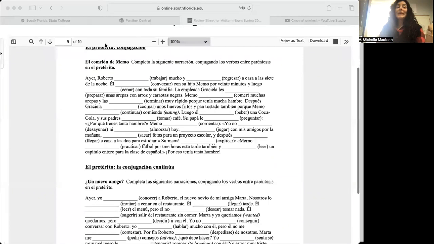Then I would go through, and again, I would just eliminate these things here, right? So I would eliminate this. I want to know what is the root of all of these verbs, right? That's how I'm going to know how to conjugate them. So I want to take off the AR or the ER or the IR or whatever, right? But not so much so that I can't see it, but I just want to be able to know where the root is going to start with each of these verbs.